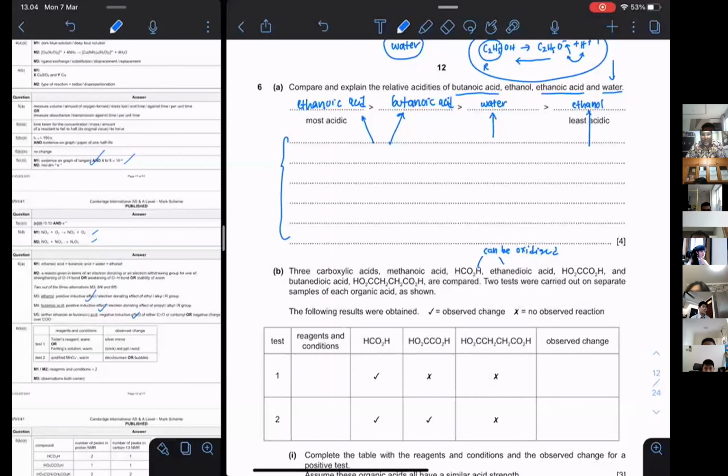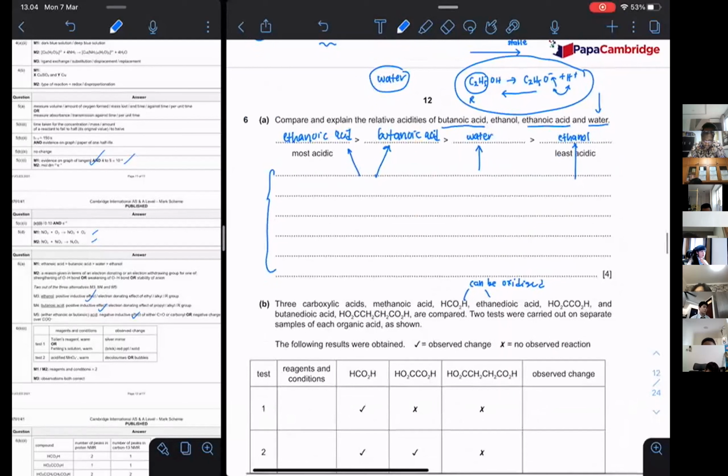Now, for question number 6, they ask you to compare and explain the relative acidities of butanoic acid, ethanol, ethanoic acid, and water. Just now I recorded something. Normally, water is going to be our standard, so we compare which one is more acidic than water and which one is going to be less acidic than water.